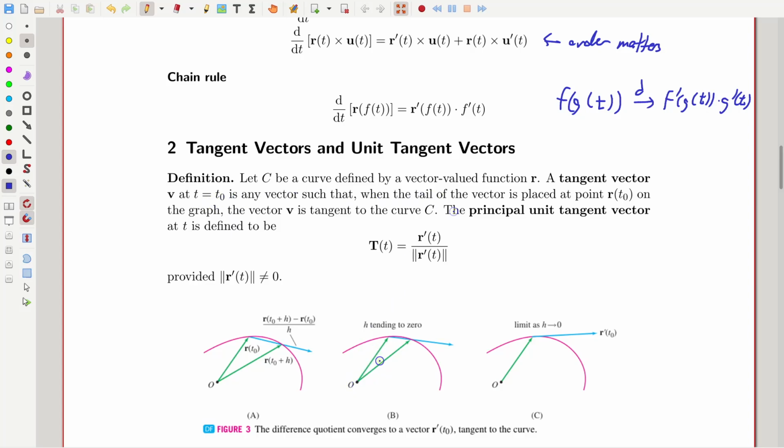So in this picture, for example, you'd have that this vector in green would be r of t naught. And so when you line it up head to tail like so, the derivative, or well, the tangent vector, right now I'm not specifying that it's any particular one, any tangent vector T, if you line it up head to tail, it is going to be perpendicular, I want to say.